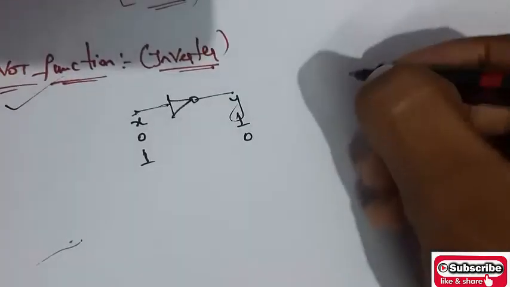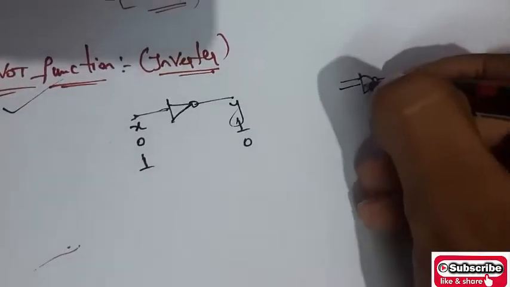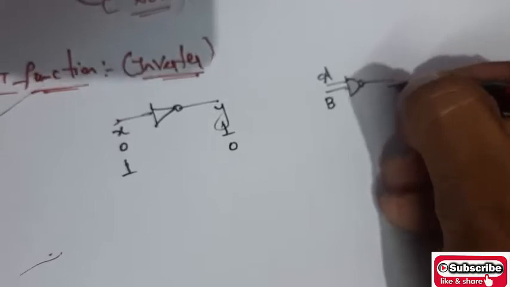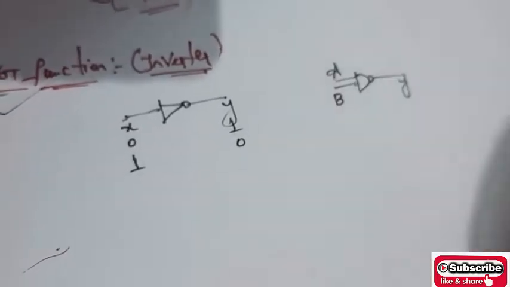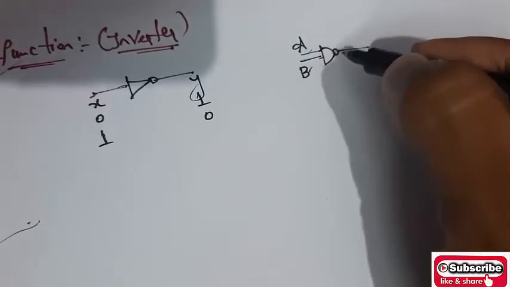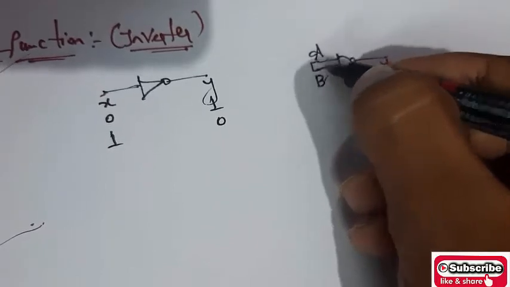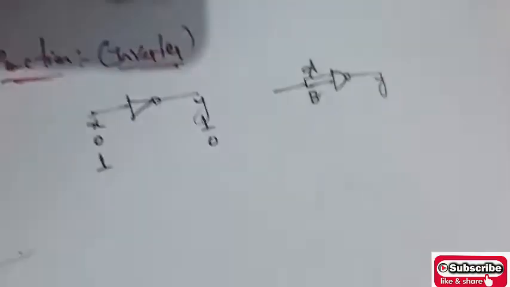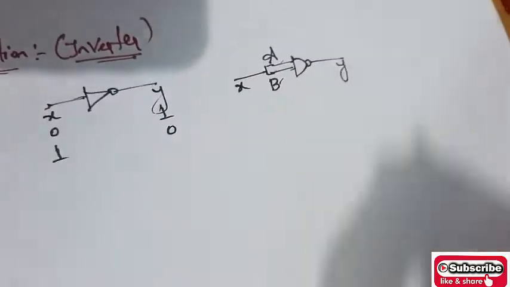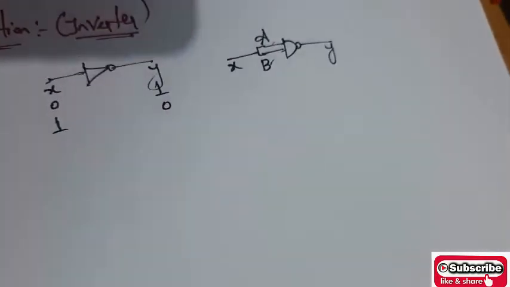This will be the basic NAND gate, this will be the input A, this will be the input B, this will be the output Y. If you take this one wire and this other wire, you tie up both these wires into a single wire. This is said to be the input X, and this will be the output Y, right?